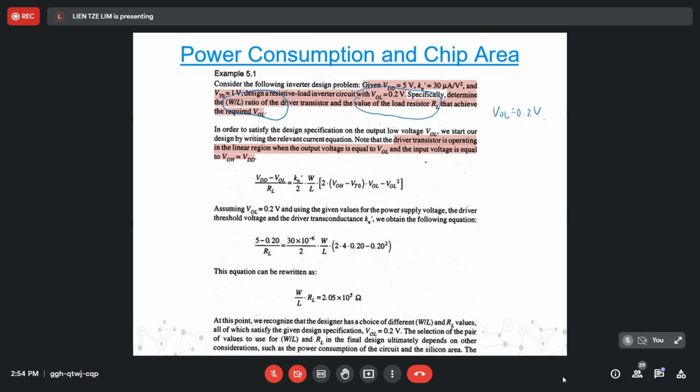Initially the formula is like this: (VDD minus Vout) divided by RL equals K divided by 2 times [2 (Vin minus VTO) Vout minus Vout squared]. Oh no, this is not Vout, this is Vin.